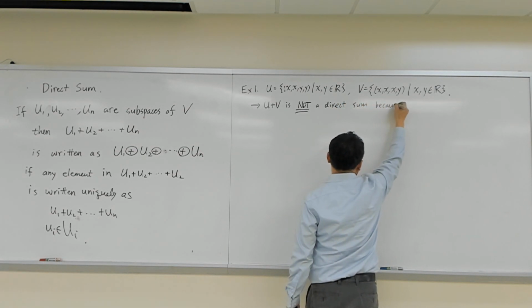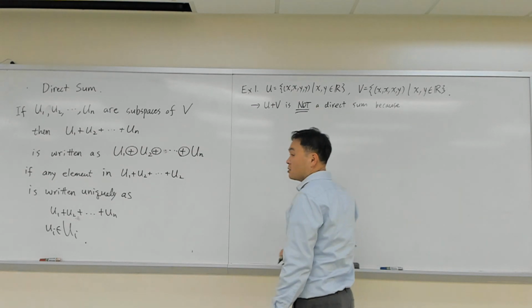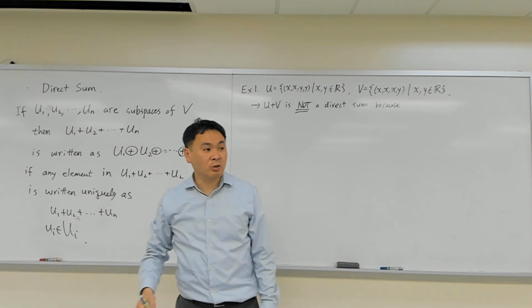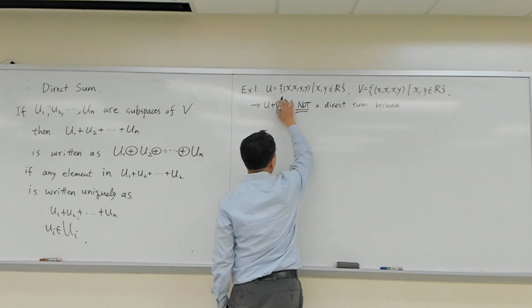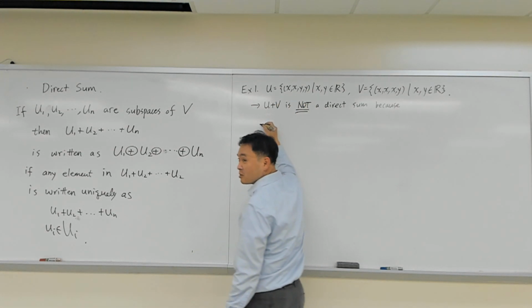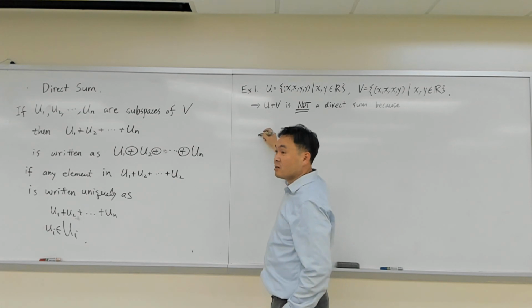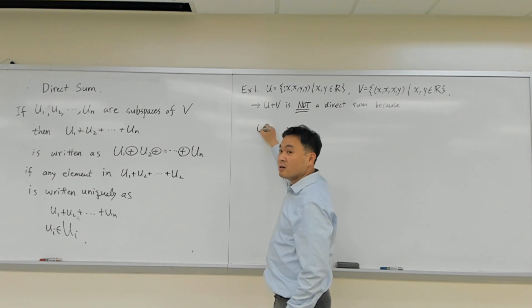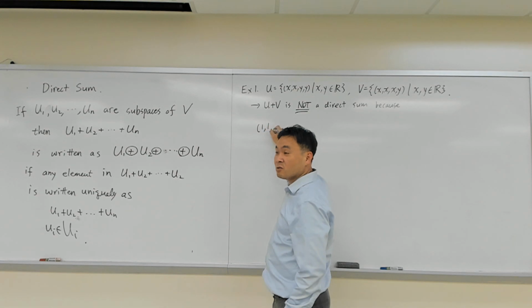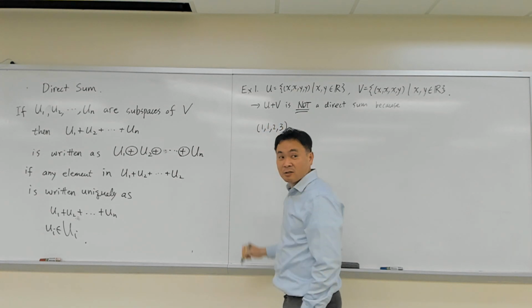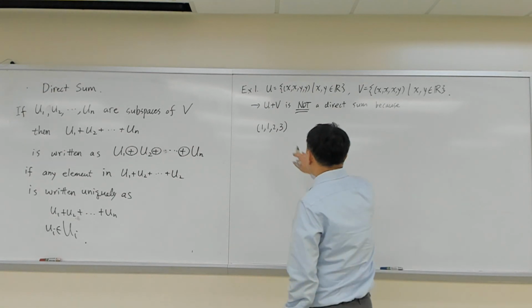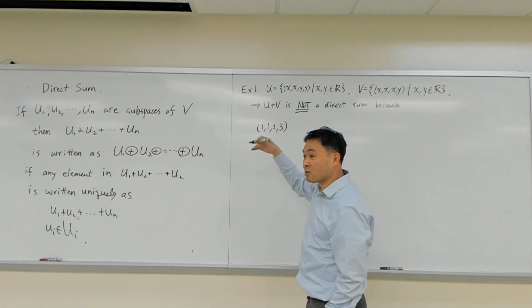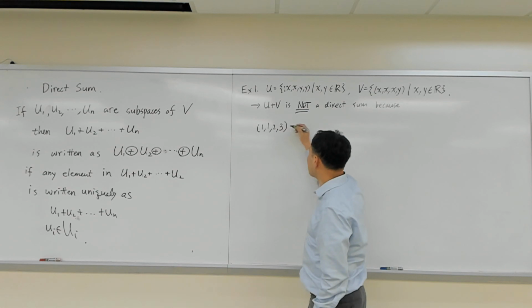This is not a direct sum because, well, let's pick any element. What's in the U plus V? Can you recall what's in there? (1, 1, 2, 3). That's in here, right? We know that this is in here, something we worked on in the previous example.